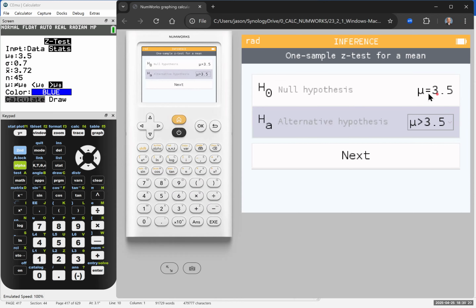Now, notice too that, like I've been teaching you, if the alternate is mu greater than, then the complement is less than or equal to. And I've noticed it's common to not have the less than and just focus on the equal to part.